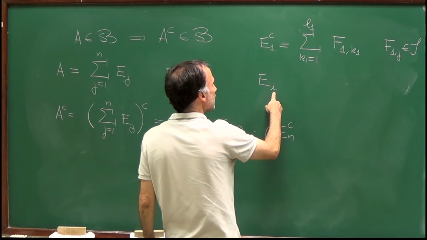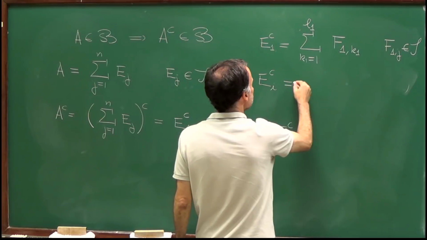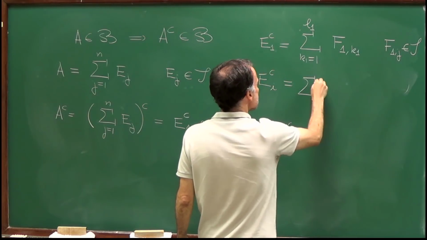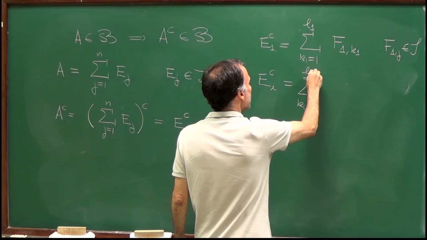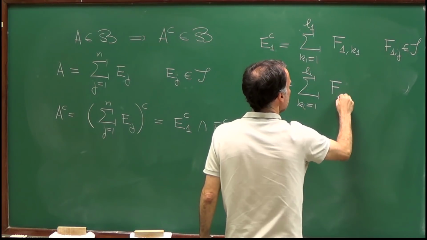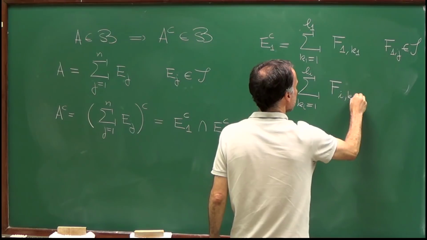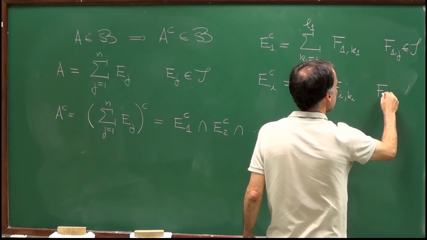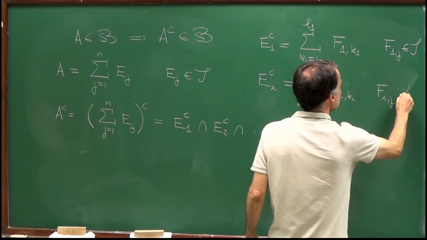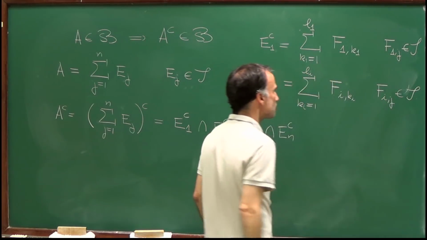So let's take E_i complement and write it as a sum over K_i going from 1 to L_i of F_iK_i, where again F_ij belongs to the semi-algebra.